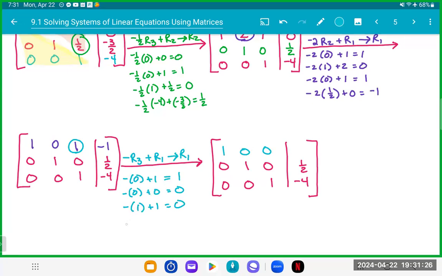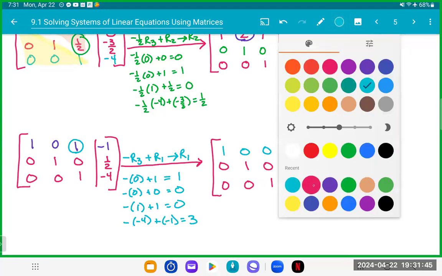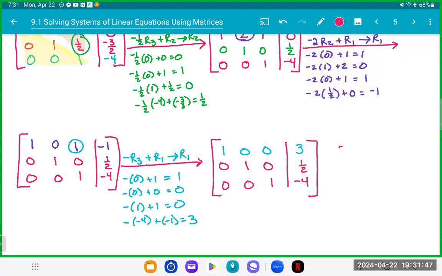And negative -4 plus -1 equals 3. So we get that x equals 3, y equals 1/2, and z equals -4.